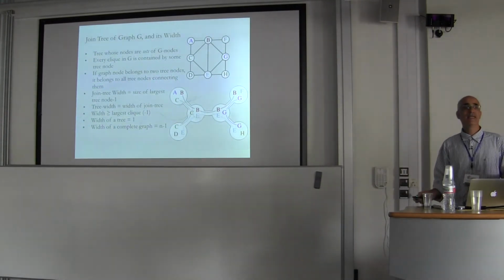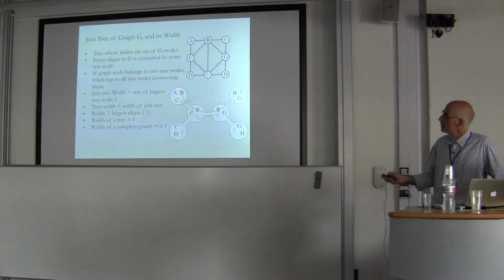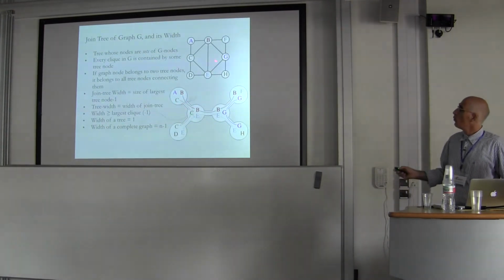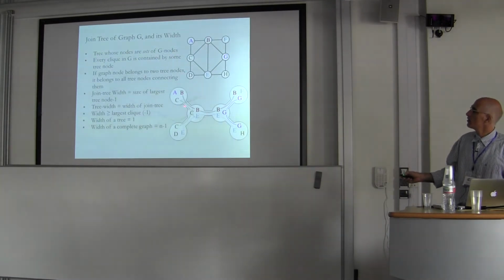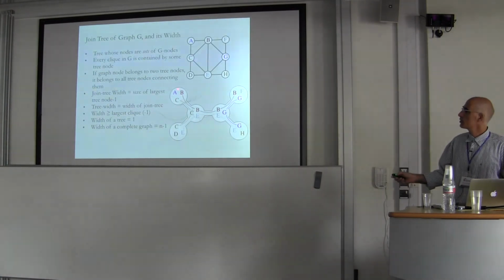Then you can basically run a tree algorithm on this graph, where the variable that you have here is a Cartesian product of the original variables. The width of this join tree is the size of the largest subset in the tree minus 1.